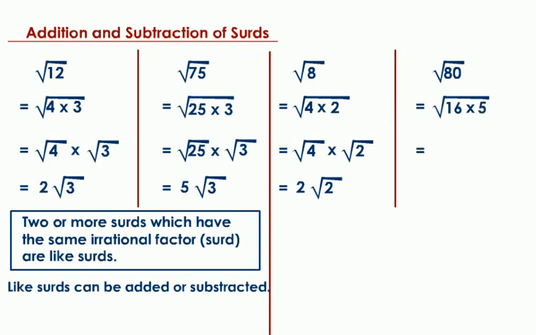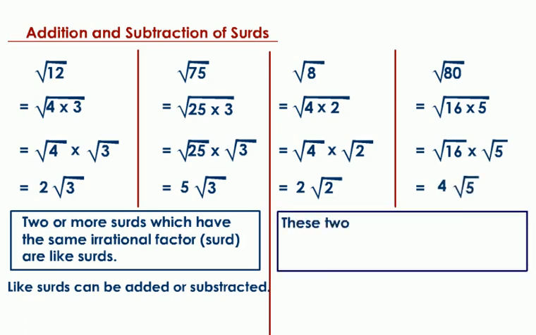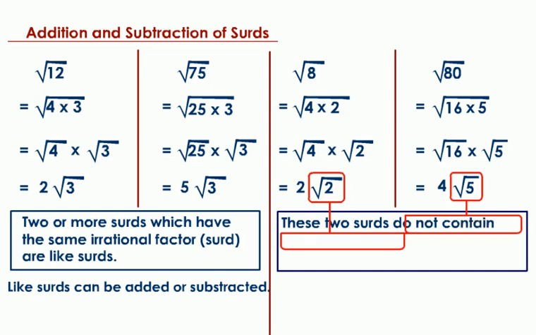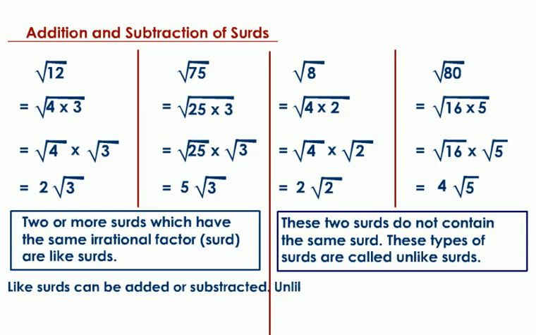That gives us √16 into √5, which is equal to 4√5. These two surds do not contain the same surd. These types of surds are called unlike surds. Students, unlike surds cannot be added or subtracted.